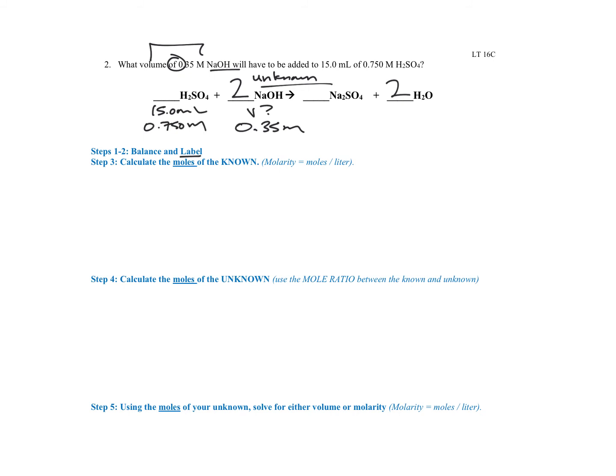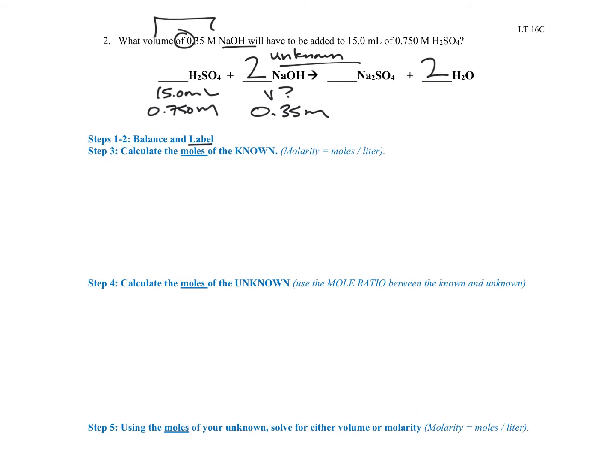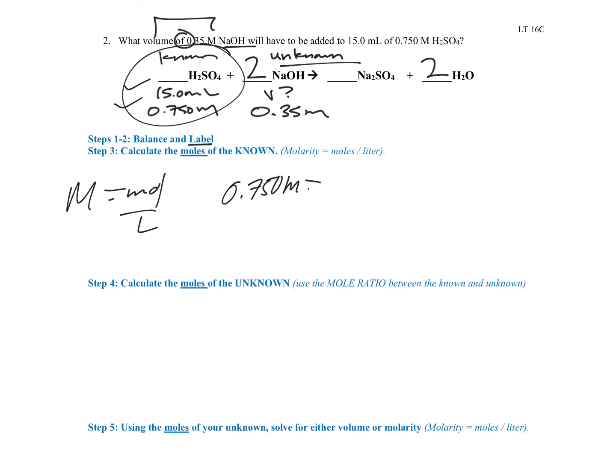All right, so then we get into the meat of it. We want to first calculate the moles of our known, which I forgot to label, is sulfuric acid, because we know the volume and the molarity. So plugging our knowns into the molarity formula, we've got 0.75 molar on the left. 15 mils we need to convert to liters, which y'all don't have to show me that work.